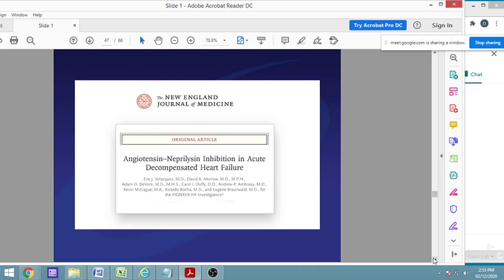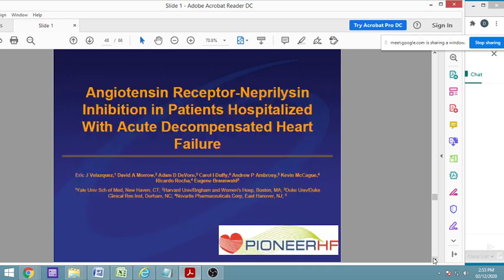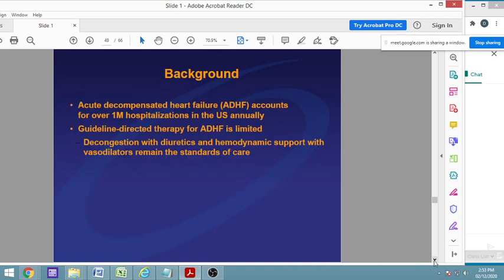If the study is good, if many subjects are there, then we find that the study is good, and we can use it. In this case, the study name was the PIONEER-HF study. So this PIONEER-HF study says what the benefits are.